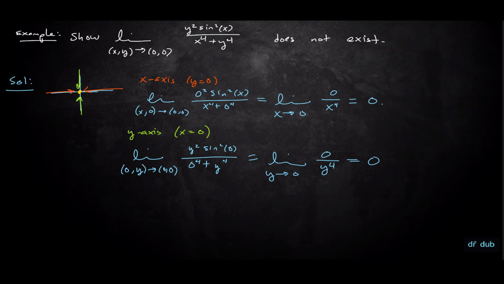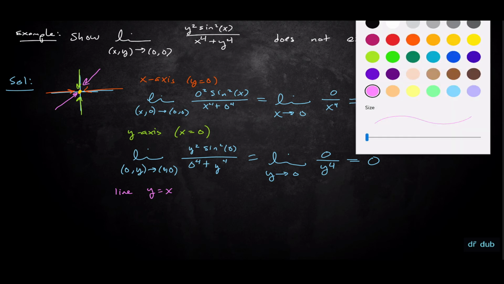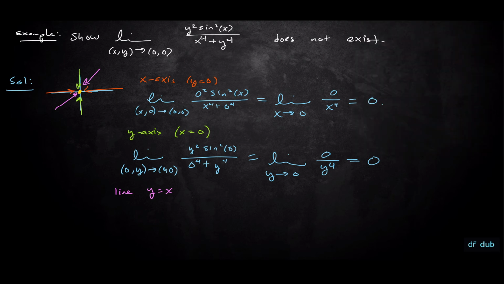I'm going to try the line y equals x. So along the line y equals x, that goes to the origin. So I take the limit as (x, x), because y is equal to x, goes to (0, 0). And everywhere I see a y, I replace it with x. So that's x squared sine squared x over x to the 4 plus x to the 4.